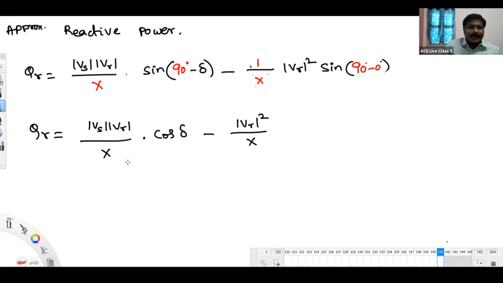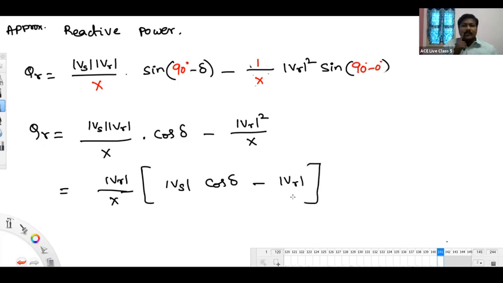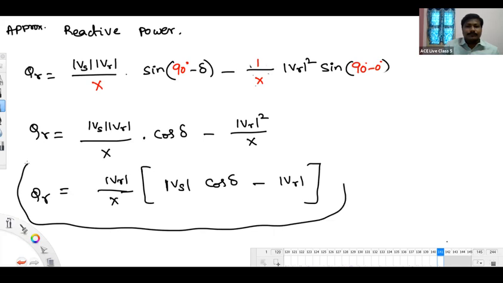You can take Vr by X common, and you will get mod Vr by X into (mod Vs cos delta minus mod Vr). So this is the approximate QR expression, the approximate reactive power equation.